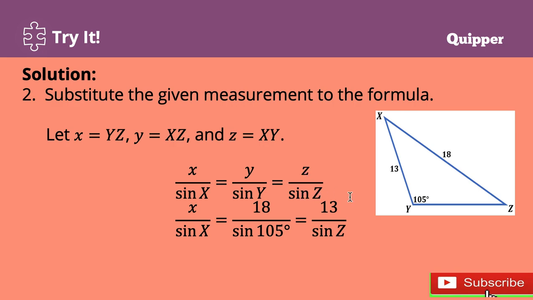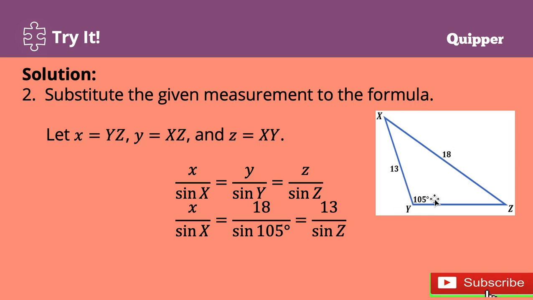We don't know yet the measurement of side x, so let it be x, and we don't have the value for angle x, so let it be sine x there, and that is equal to 18, since side y, the opposite side to angle y, is 18.